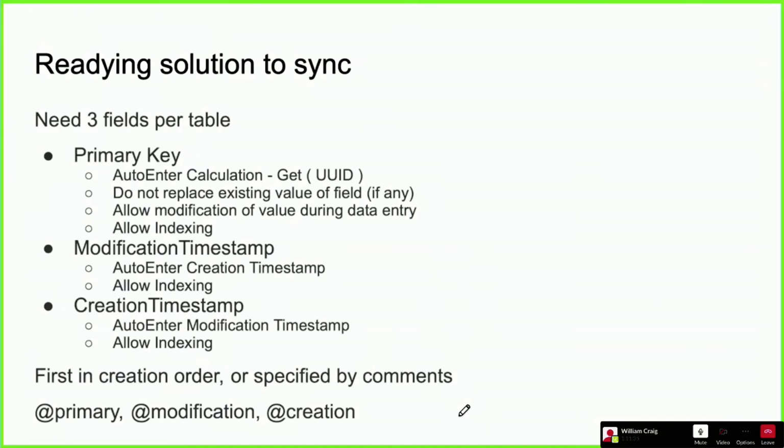For fields that meet those requirements, the LiveCode for FM tool will pick the first appropriate one it sees by order of creation, or you can add a comment to the specific field that you want to use for one of these mandatory fields. But this is perhaps the biggest bit of getting your solution ready to sync. The reason that we need to use a UUID, do you want to just go into that briefly, William, as opposed to numbers that count up?